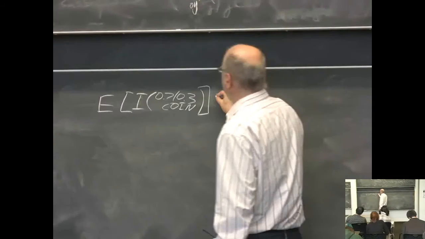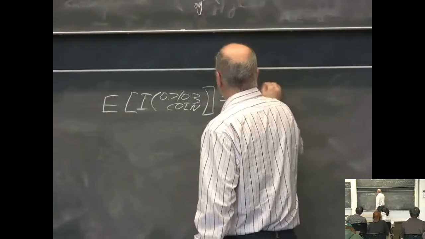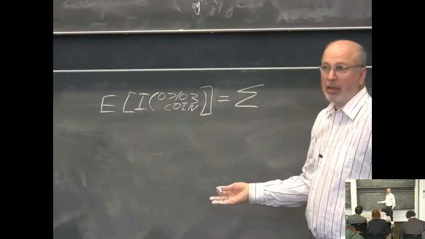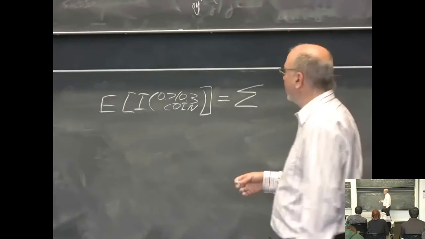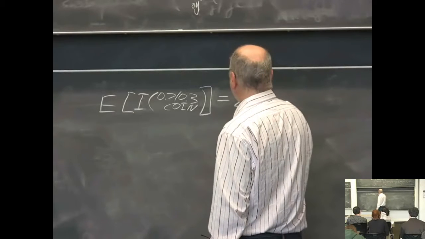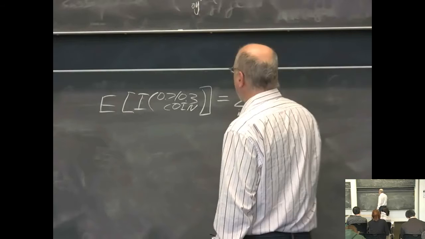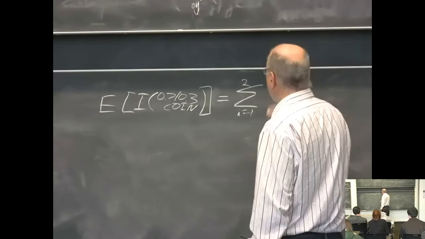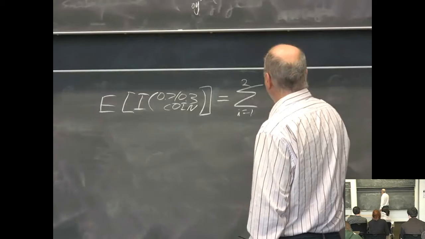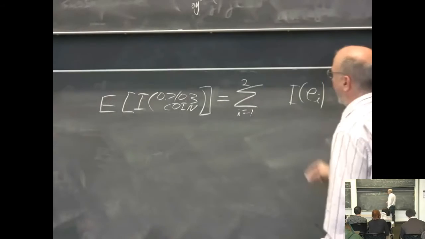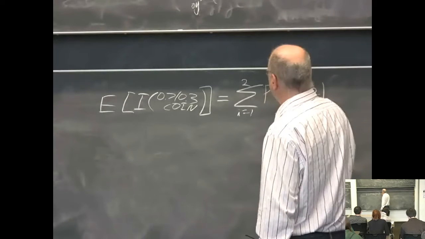So what does the expected value mean? It means a summation over all possible outcomes, which there are only 2. I goes from 1 to 2 of the information I get from event I, weighted by how likely event I is.